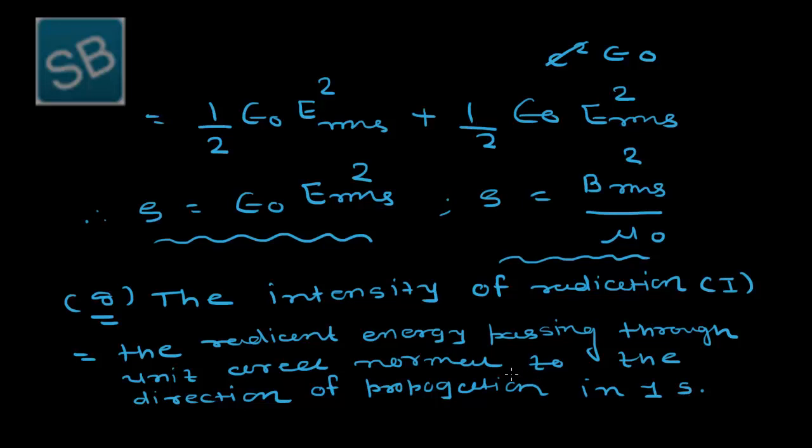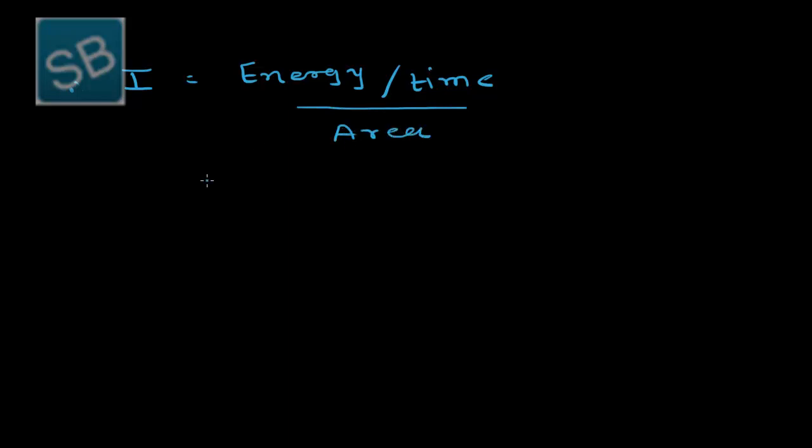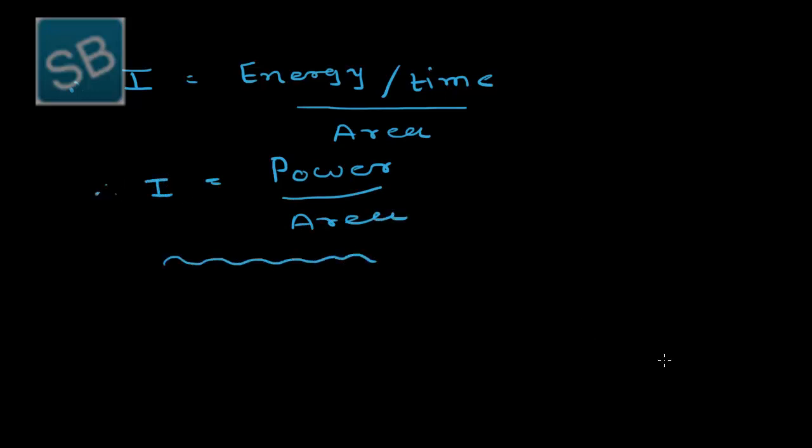So this is the definition of intensity of radiation, and its mathematical formula is given in this way. Therefore, I is equal to the radiant energy per given time per unit area, and energy upon time is power, and the area is as it is. So basically intensity is nothing but the power per unit area.